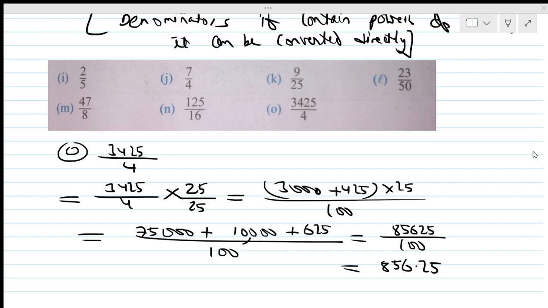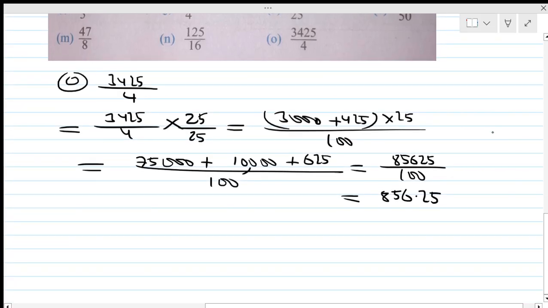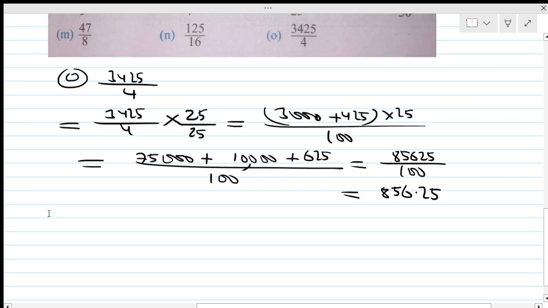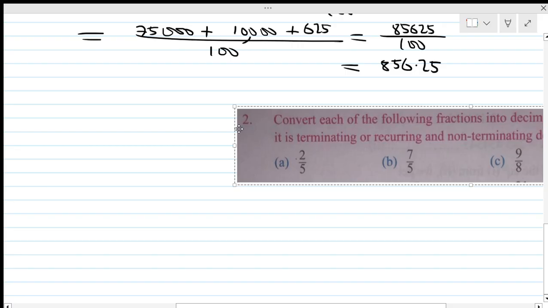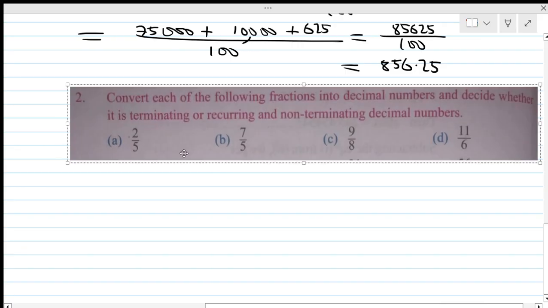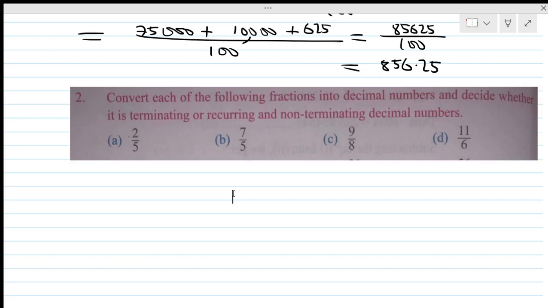And now for number 2, so there are 2 numbers. In this number 2, it says convert each of the following fractions into decimal numbers and decide whether it is terminating or recurring or non-terminating decimal.